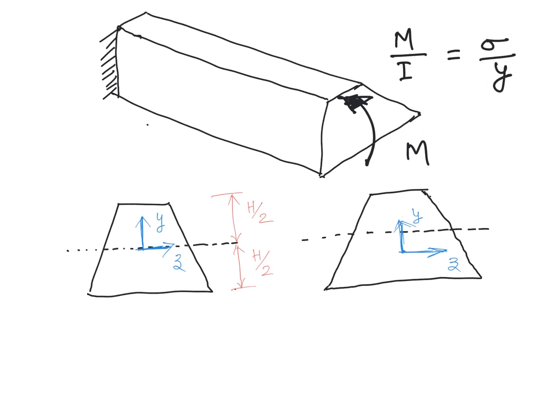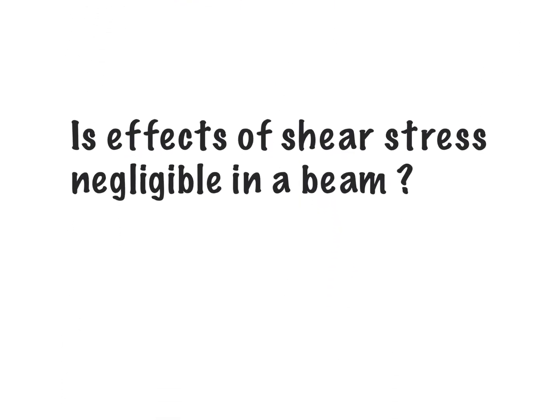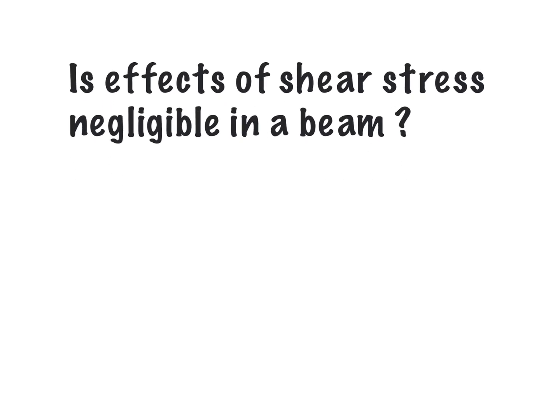There were 5 or 6 questions where I asked you to cross check, or recollect all the concepts and assumptions that you learned as a part of Euler-Bernoulli theory. The last question I have is: are the effects of shear stress negligible in a beam? Because I told you Euler-Bernoulli theory is derived from the assumption that all elements are in pure bending.